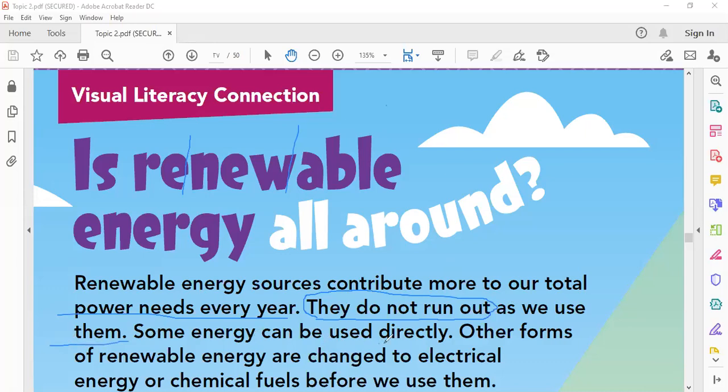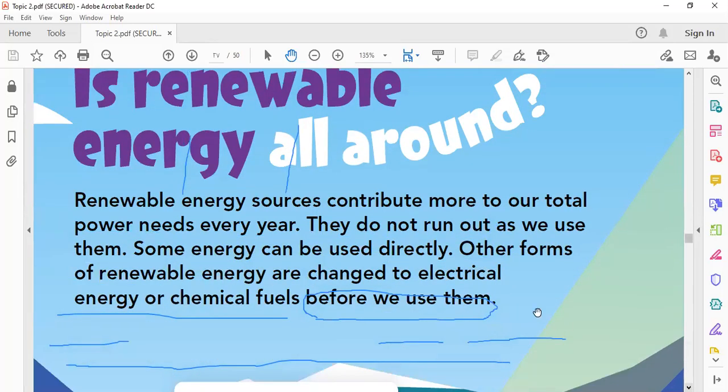Some energy can be used directly. Some of the renewable energy sources we can use directly, like sunlight. We can use water directly. Other forms of renewable energy are changed to electrical energy or chemical fuels before we use them. So we can use the renewable energy sources directly, or we can change them to electrical energy or chemical fuels before we use them.